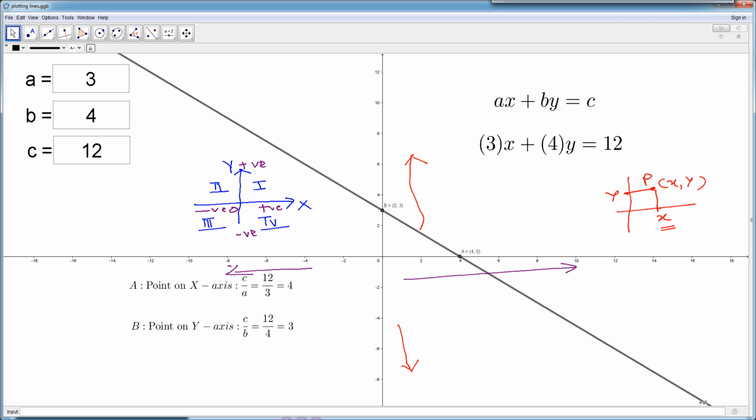Any point on the x-axis has y coordinate 0. Here A has coordinates (4, 0), whereas B has coordinates (0, 3). Any point on the y-axis has its x coordinate as 0. Okay. So this is a basic introduction to the Cartesian plane. It has the x-axis, y-axis, and 4 quadrants.